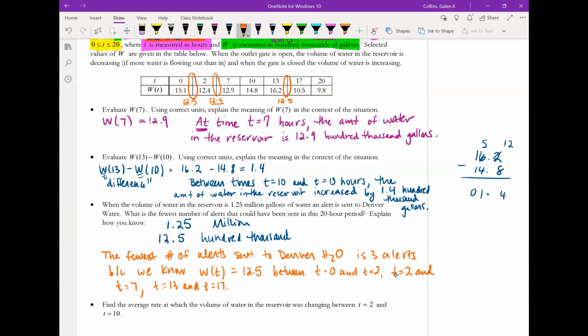And again, the other big key piece of information here is that W of t is a continuous function.